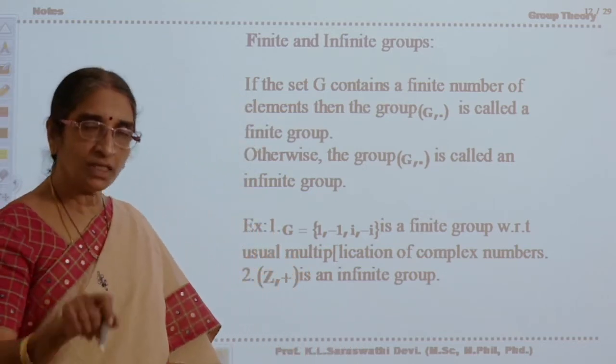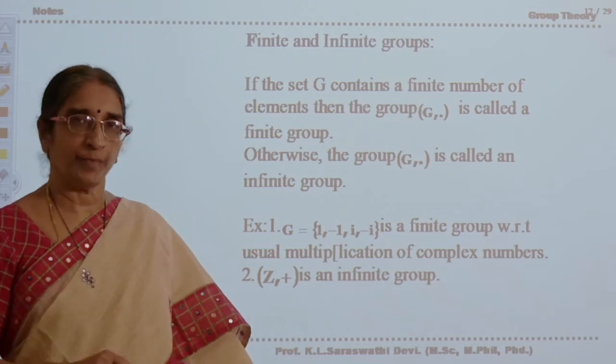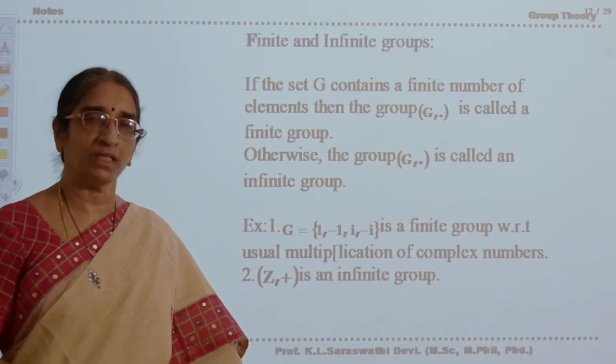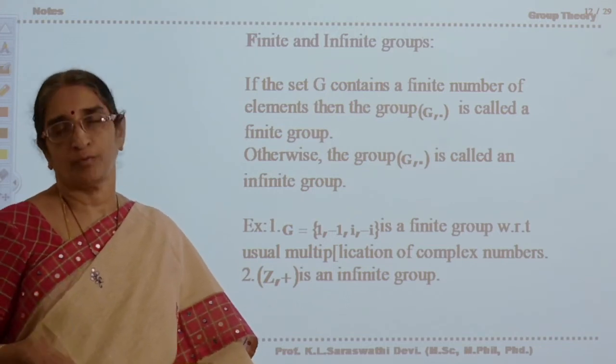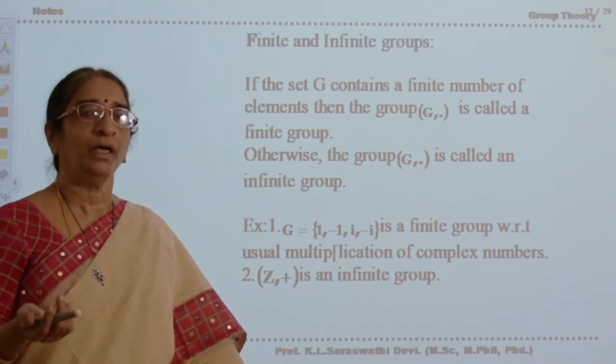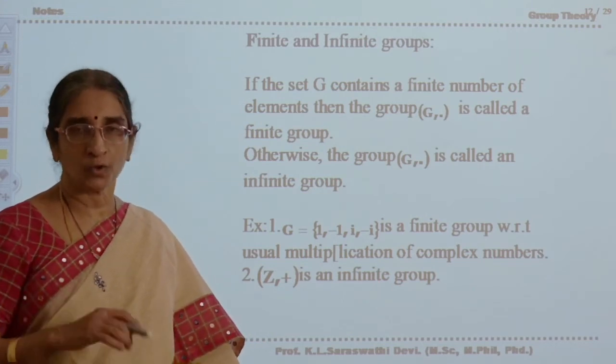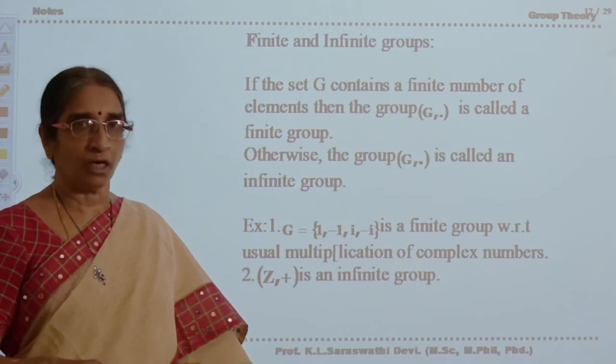Now if along with these four properties the commutative property is also satisfied, then you say the group is a commutative group. What do you mean by the commutative property? a star b is equal to b star a for every a, b belonging to G. Okay, that is the commutative group.